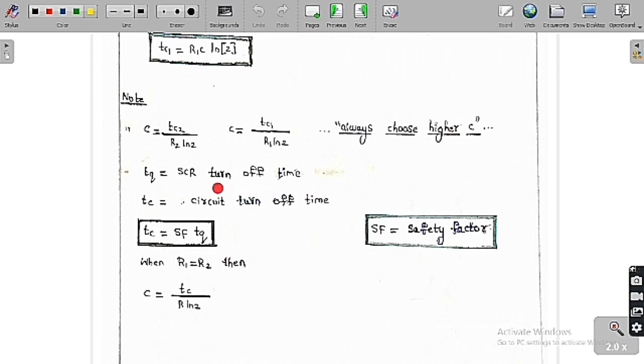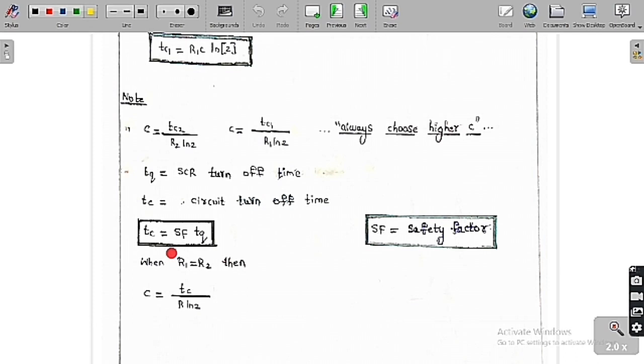Tq is called the SCR turn-off time, which means the device turn-off time. Tc is called the circuit turn-off time. So always we have to use only the circuit turn-off time in these problems. The safety factor is the ratio of the circuit turn-off time to the device turn-off time, because the circuit turn-off time is always greater than the device turn-off time.